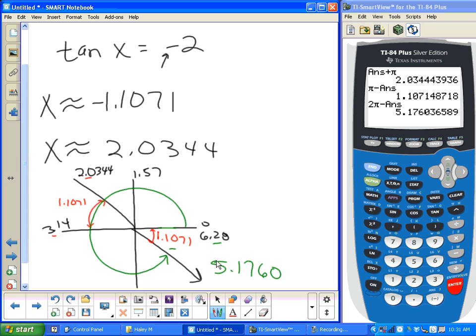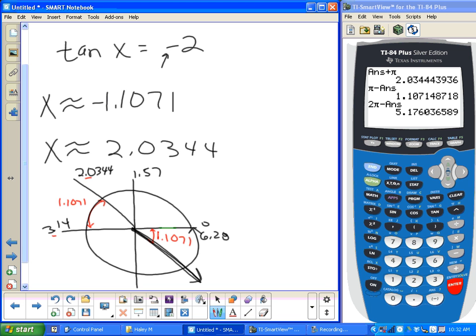All right, so let's go back. Did you understand the reference angle thing? Now, the reference angle down there is going to be the same. If I go all the way around, that's 2 pi. Well, I don't want to go all the way around.